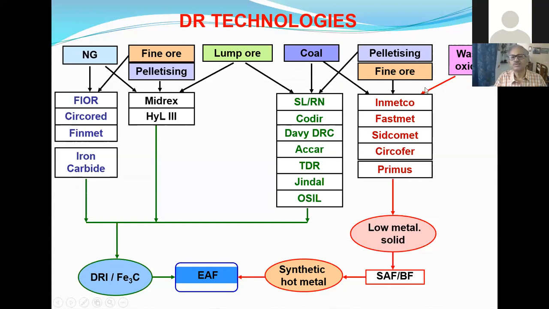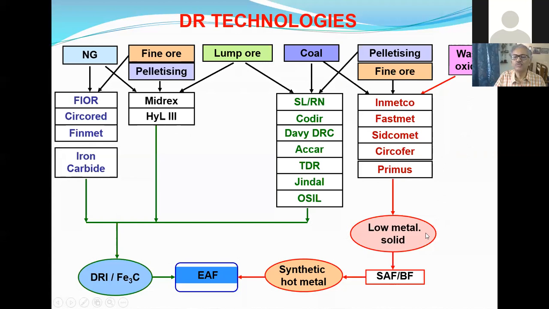And then if you consider the fines based fluid bed reactor and rotary hearth furnace based processes, you can use fine ore, waste oxide, and coal. Here basically the Inmetco process, Fastmet, Sitcomate, Sarcofar, Premiums. These are all processes based on the rotary hearth furnace.